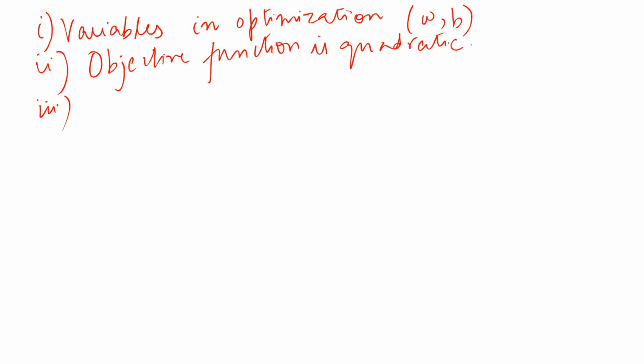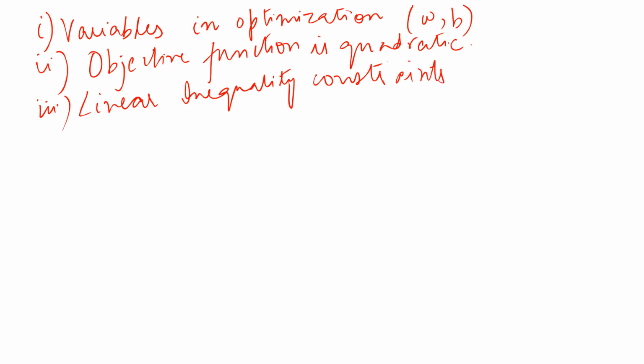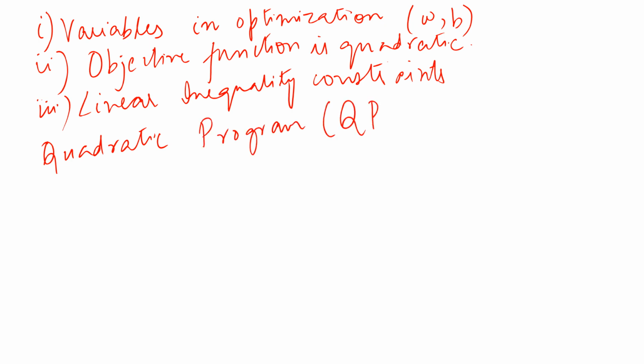And then we have linear inequality constraints and not equality constraints. Whenever all these conditions are met, then this is nothing but a QP, or a quadratic program. So this is a quadratic optimization problem, or quadratic program. In short, we call it QP.